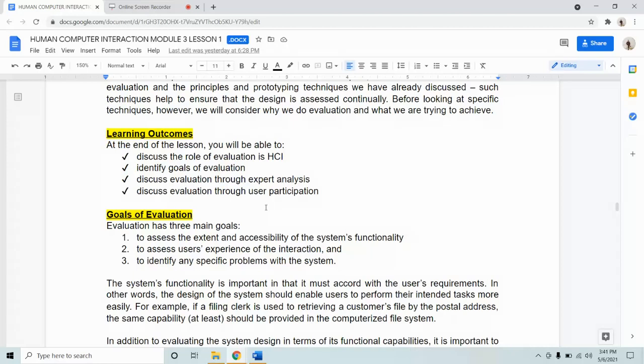We also have evaluation through user participation. With user participation, obviously, we will evaluate it with the end users. The end users will help us in assessing whether the artifact has really met the requirements, because at the end of the day, after the development, we will allow end users to use the artifact.